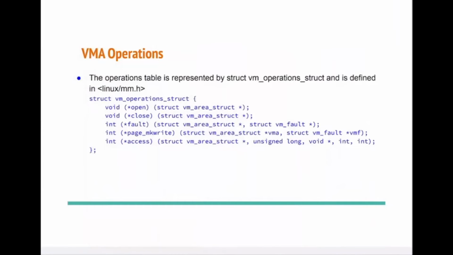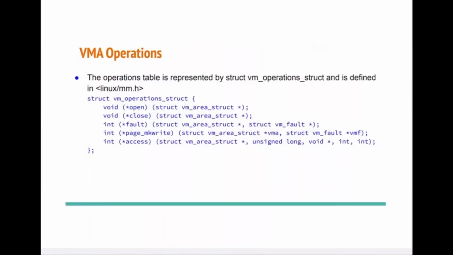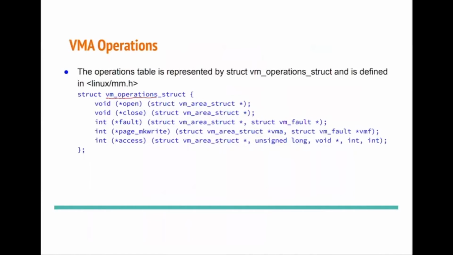In Linux, we already know that whatever structure we have has associated operations. These are the same operations that we can run on a virtual memory area. If you see here, this is the open function and this is the close function.